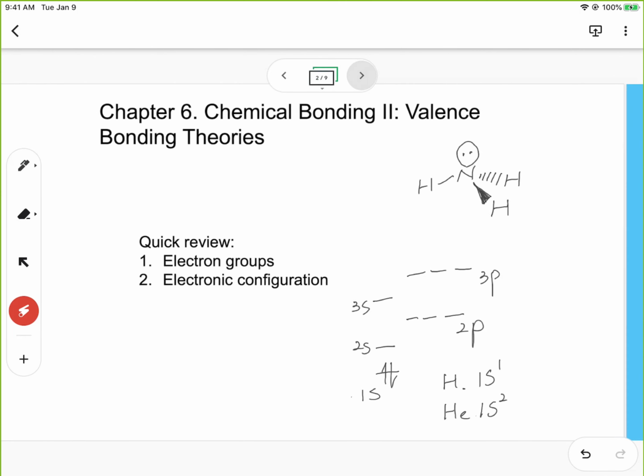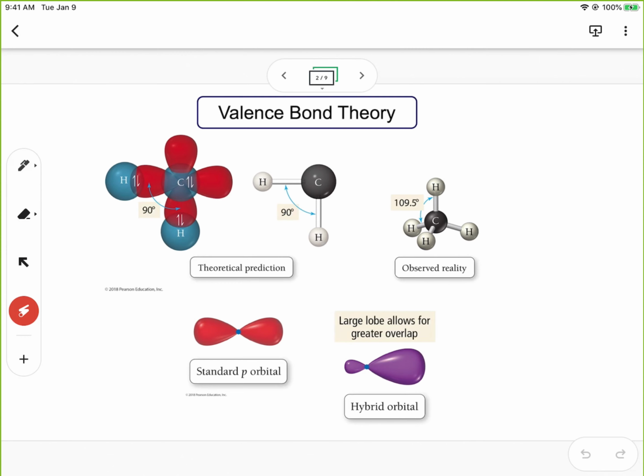All right. Now let's take a look at valence bond theory. Valence bond theory is a theory that is used to explain why a central atom can form a certain amount of bonds with surrounding atoms.